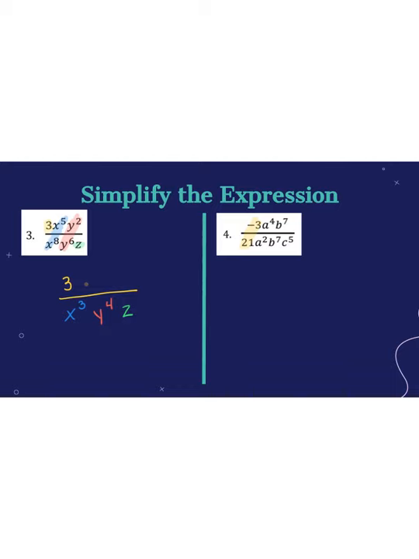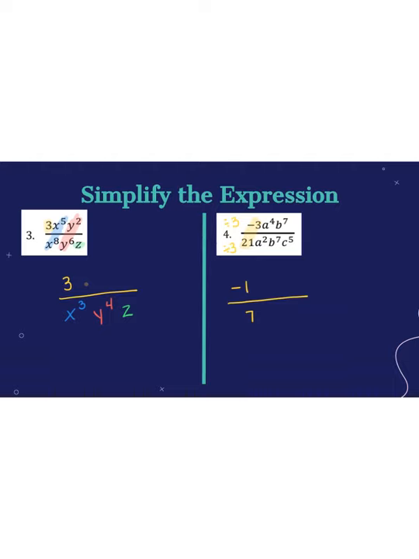When I think, what will go into both 3 and 21? I know I can divide them both by 3. So I'm going to divide the top by 3, and I'm going to divide the bottom by 3. Okay, -3 divided by 3 is going to give me a -1. So my top is going to be a -1, and then 21 divided by 3 gives me that 7.